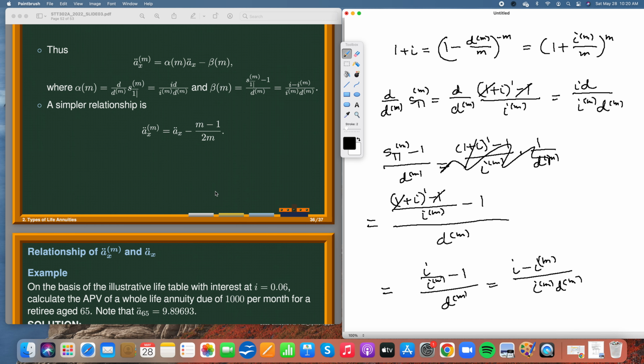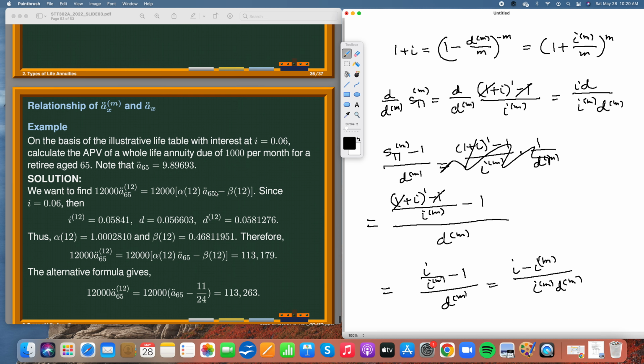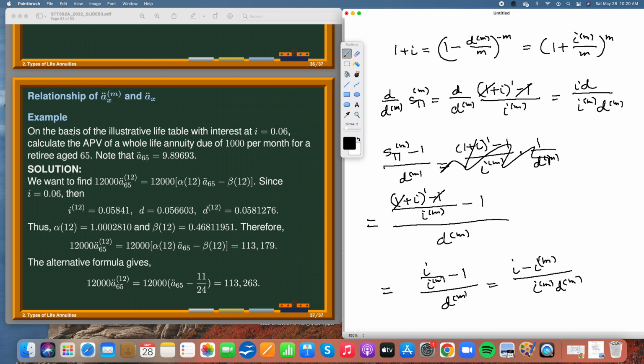So to illustrate these assumptions, let's consider the following example. On the basis of the illustrative life table with interest at i equal to 0.06, calculate the actuarial present value of a whole life annuity due of 1,000 per month for a retiree age 65. Okay? So it's monthly payments of 1,000.